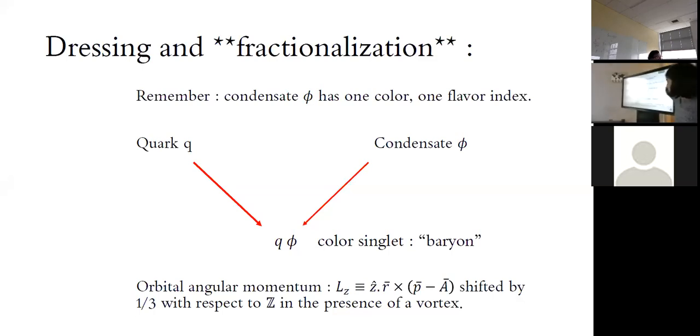By the way, the fact that you can combine a quark with the condensate to write these kinds of baryons is really not something I came up with. This was Thomas Schaefer and Frank Wilczek. Well, if you go to nuclear physics, you find the so-called IBM model by Iachello, where everything is reduced to bosons.